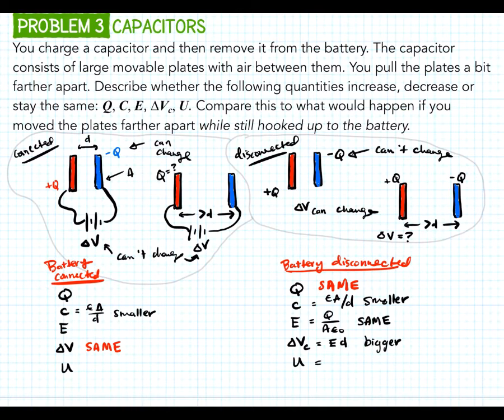And if potential gets bigger, potential energy also gets bigger. You can look at the math, which for this case, the best thing to do would be 1/2 Q squared over C, where Q stays the same, but your denominator C gets smaller. So that leads to this being bigger.